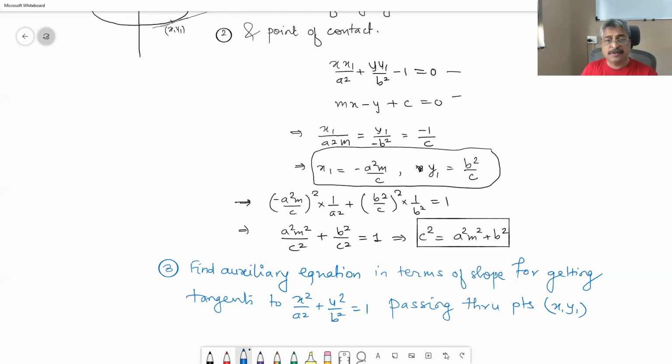You want tangents to be drawn, so you need the slope. So which auxiliary equation will you solve to get the slopes?